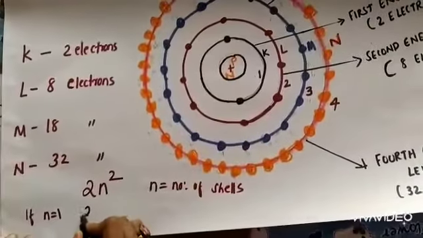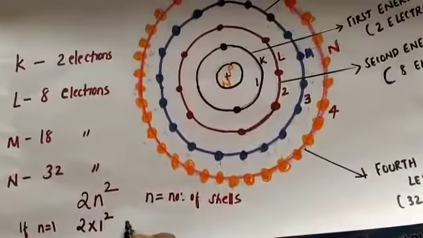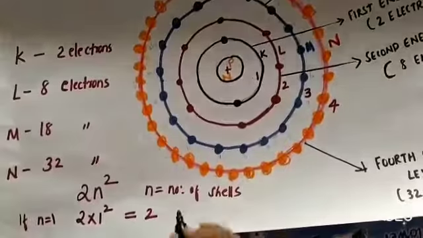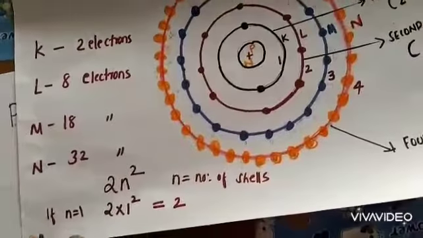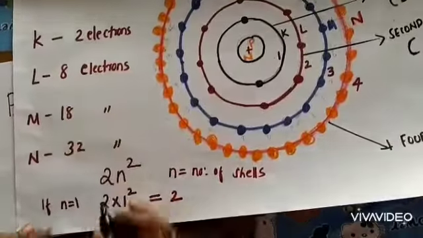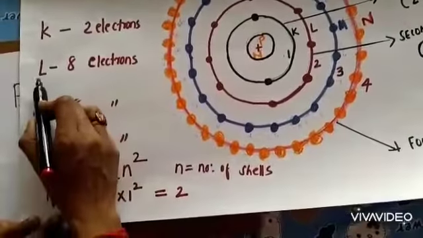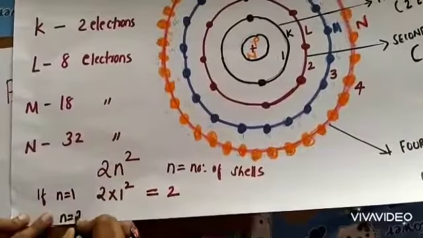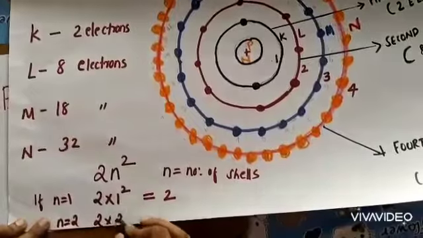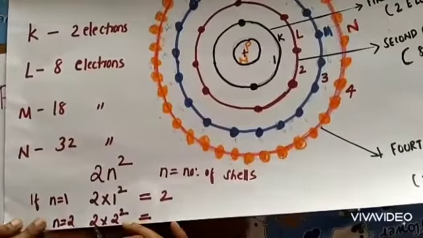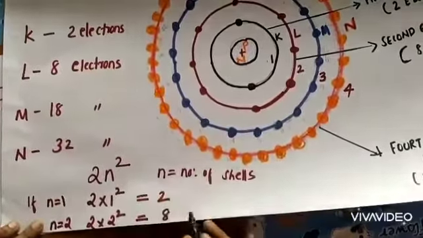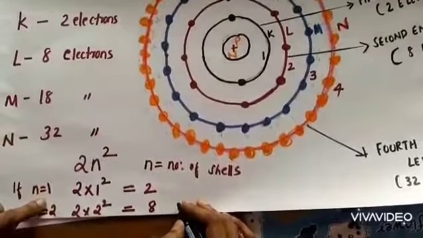If n is equal to 1, 2 into 1 square will be equal to 2. So the K shell or first shell can accommodate 2 electrons. If you take the L shell, n is equal to 2. 2 into 2 square means 2 into 4, which is equal to 8. So totally 8 electrons.